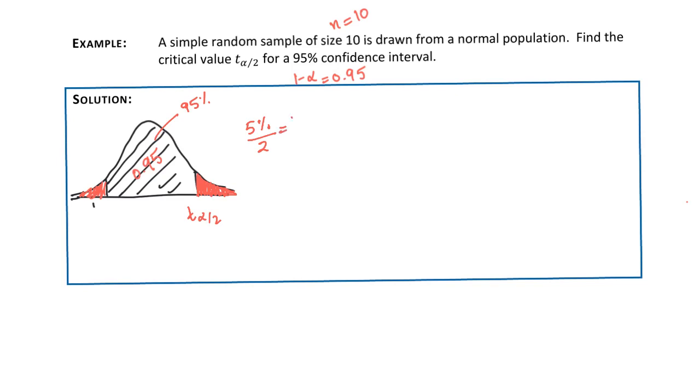So that is 2.5%. 2.5% in decimal is 0.025. So this is alpha over 2, and this area is 0.025. Now we need to find the critical value. So we have n minus 1 degrees of freedom.